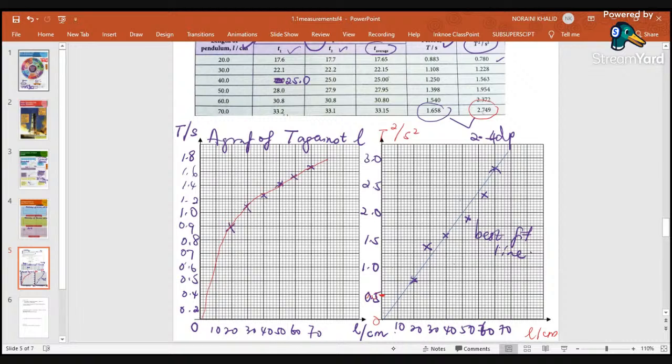But make sure the number of points which are not on the line, ini tak ada atas garis, they are balanced above and below, and at least the difference between the points is 1. Okay, maksudnya perbezaan bilangan point atas dengan bawah untuk point yang tak ada atas garis ini, dia mestilah sama ataupun perbezaan 1 point sahaja.